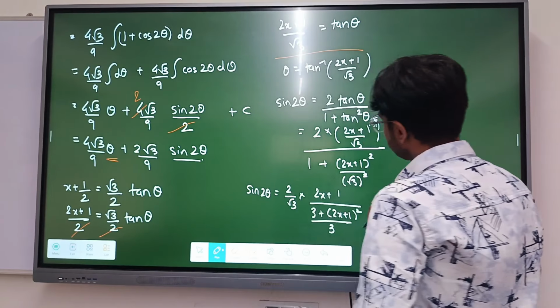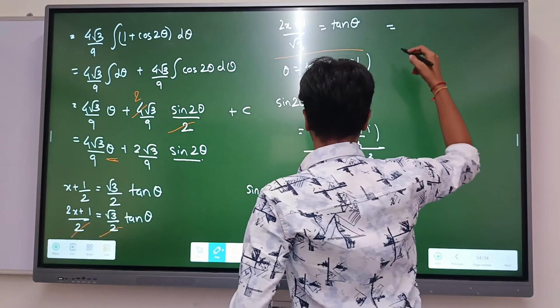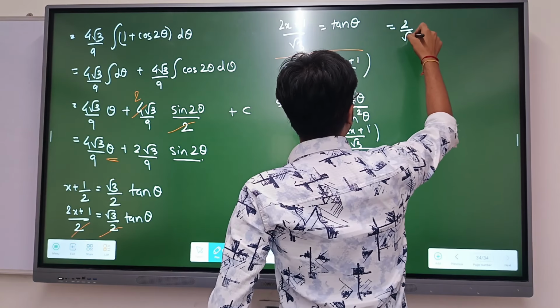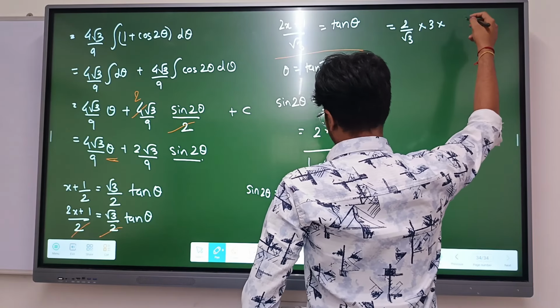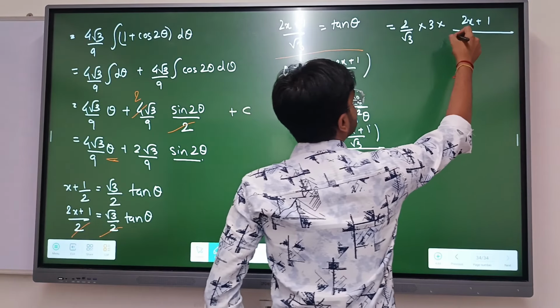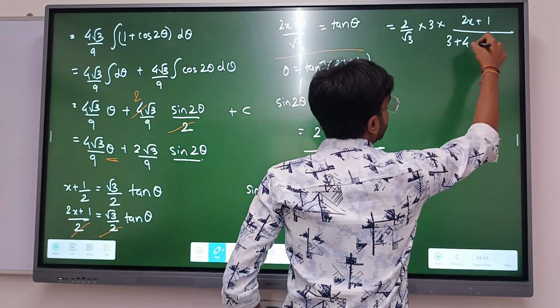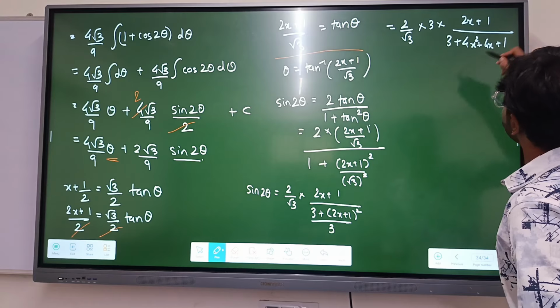So this 3 will go up. I can write it as 2 by root 3 into 3 into (2x plus 1) divided by (3 plus (2x plus 1) whole square). (2x plus 1) whole square is 4x square plus 4x plus 1.